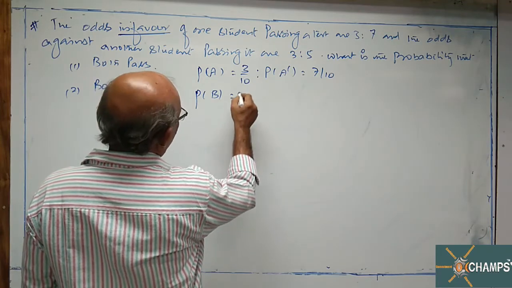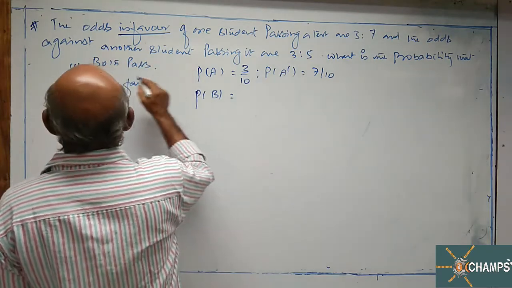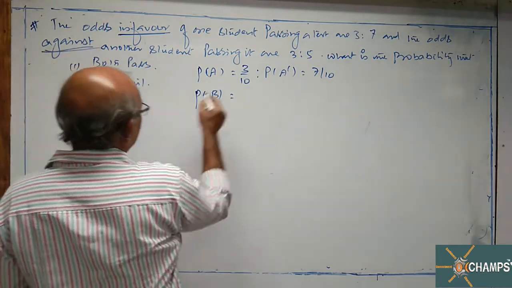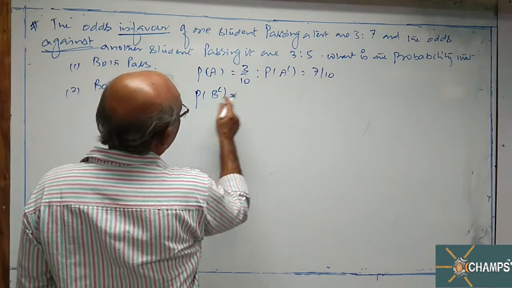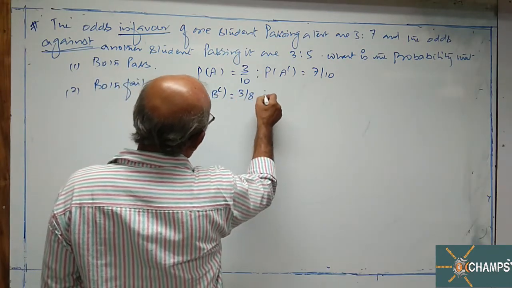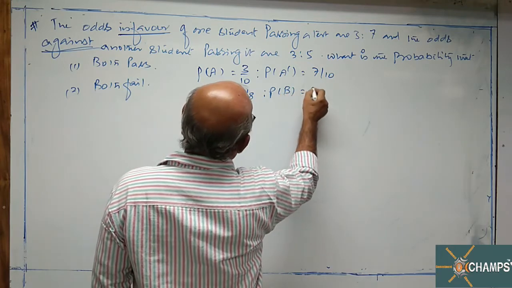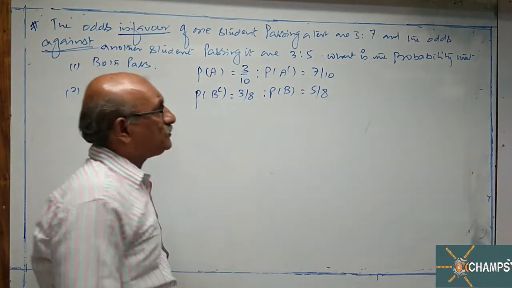Probability of B complement is 3/8, since this is odds against. Probability of B is equal to 5/8.